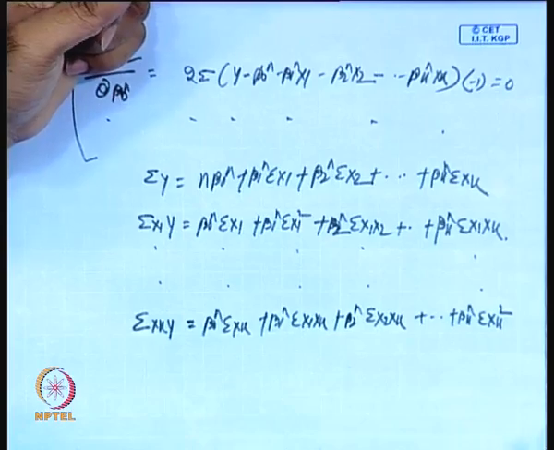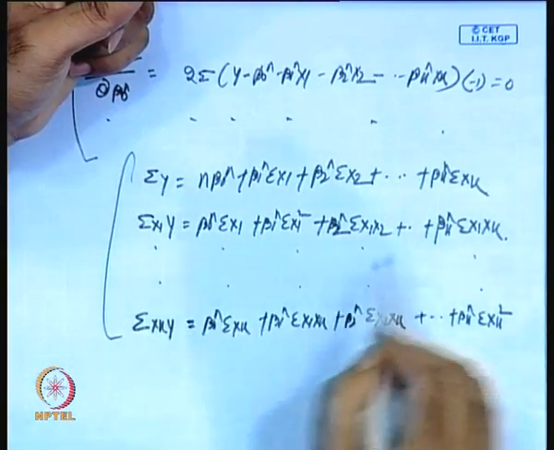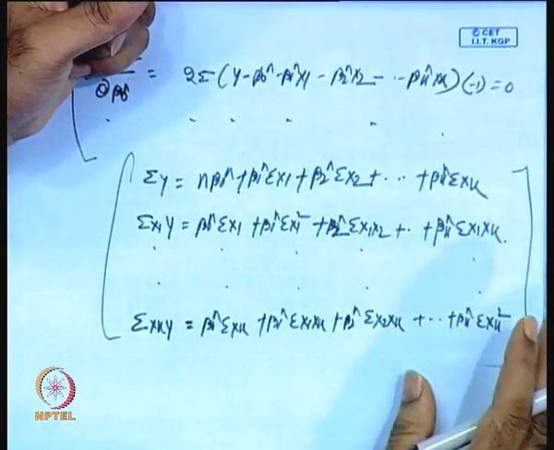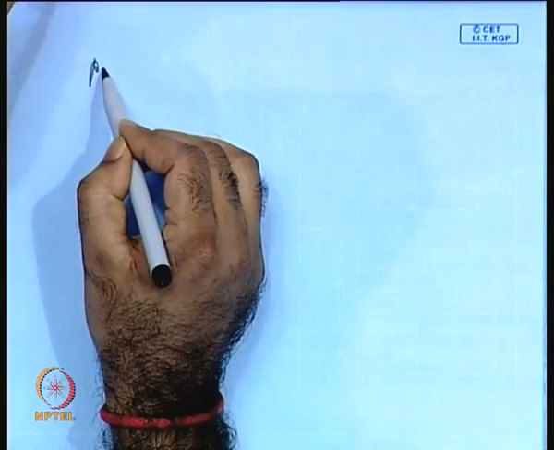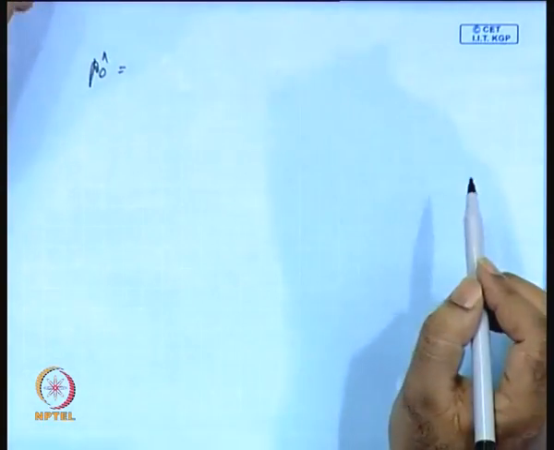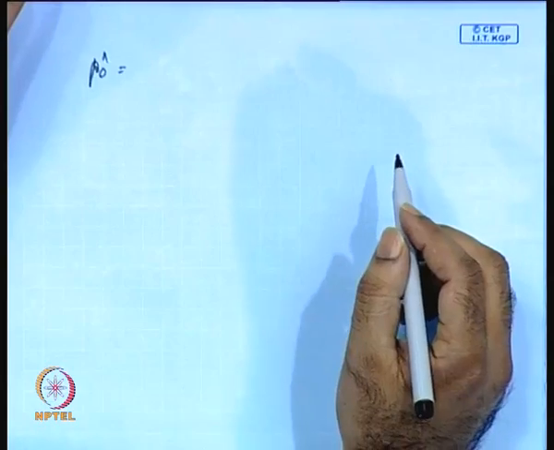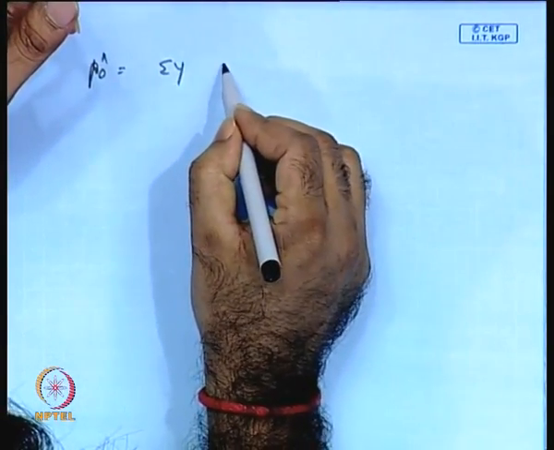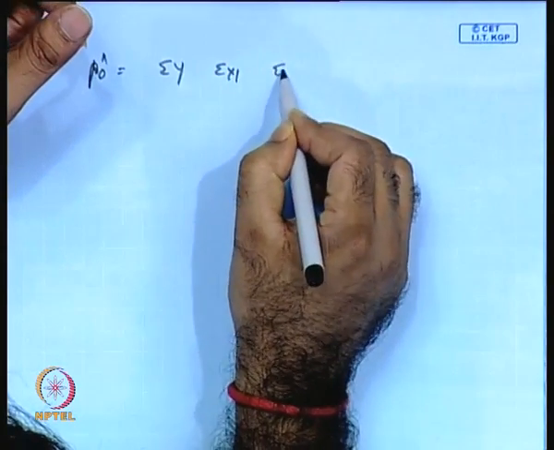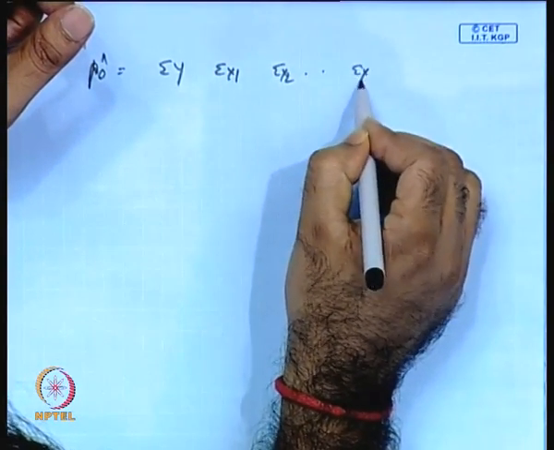Now we have to simplify this structure to get the beta heads. If you go by this process, then beta 0 head will be like this: summation y, summation x1, summation x2 up to summation xk.